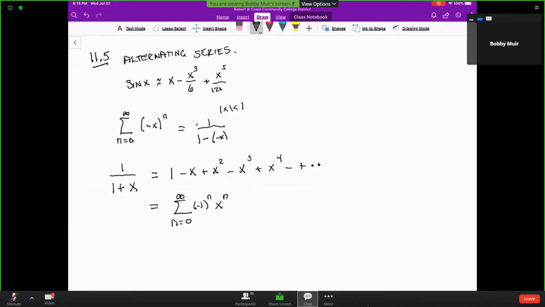Now, I don't know who was the first person to figure out that if we were to add up the first n terms of a geometric series, the sum from k equals 0 up to n of x to the k, it's going to be 1 minus x to the n plus 1 over 1 minus x.